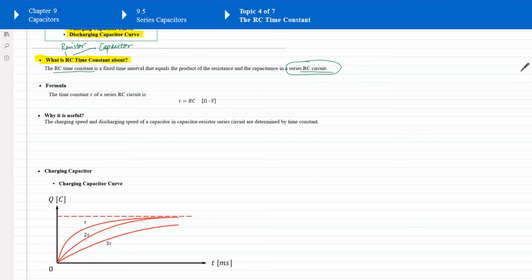That means a circuit that has only a capacitor and a resistor connected in series. We use the Greek letter tau to represent the time constant. For an RC series circuit, the time constant is resistance times capacitance. Since the unit of resistance is ohm and the unit for capacitance is farad, the unit of tau is ohm farad.